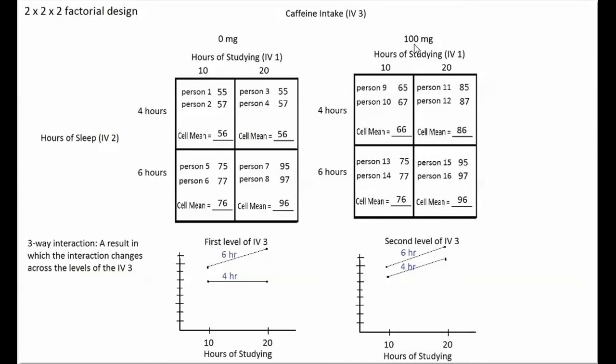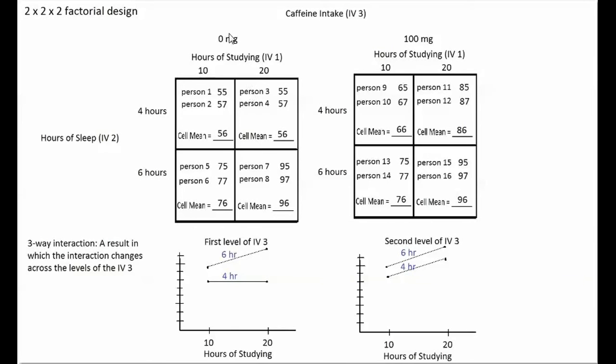In the 100 milligram condition, the participants who are sleeping 4 hours do better when they have 20 hours of studying. And the participants who sleep 6 hours do better when they have 20 hours of studying. Both rows do better with more studying. That's why the 4-hour line is going up by 20, and the 6-hour line is also going up by 20, and the lines are parallel.